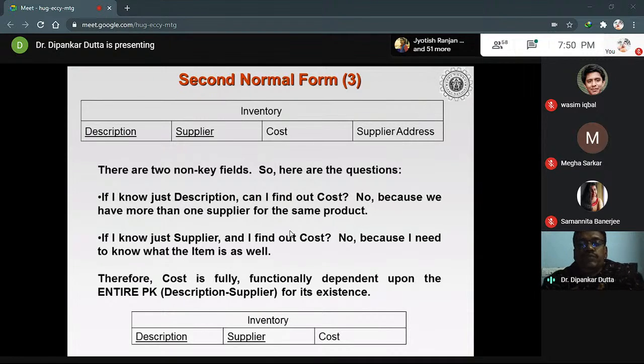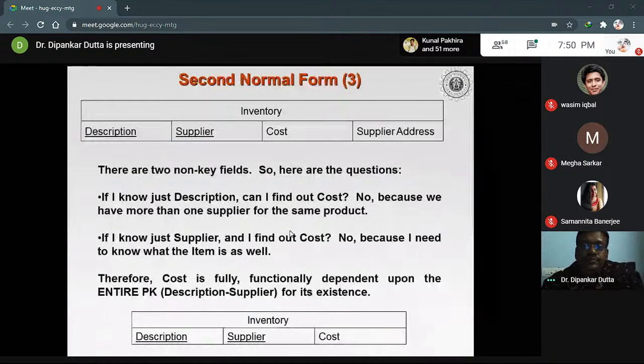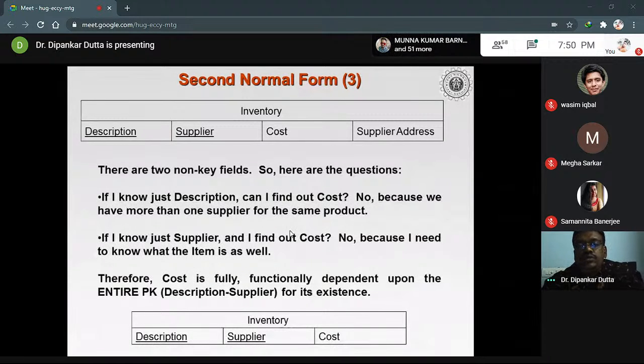So see, for a project, a lot of suppliers are supplying lots of items, and every item has some description. Can we find out cost if we know the description of the item? We are not aware of the supplier.